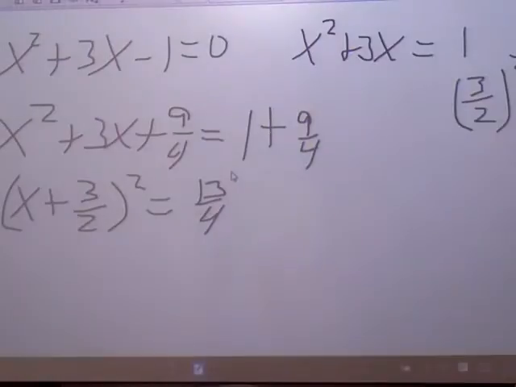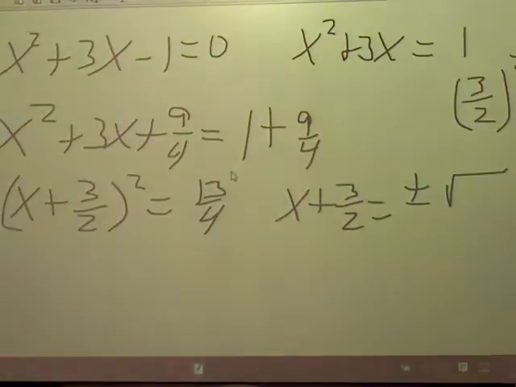We're ready to solve. Now do your square root. So x plus 3/2 is equal to, does 13 have a perfect square in it? No, so it's going to stay there, square root of 13.